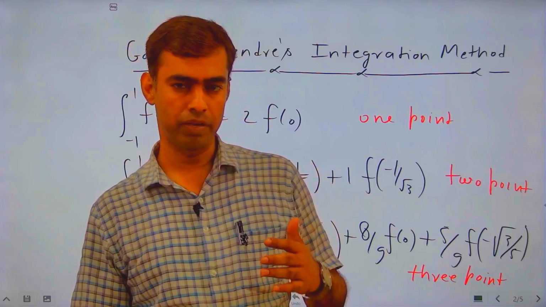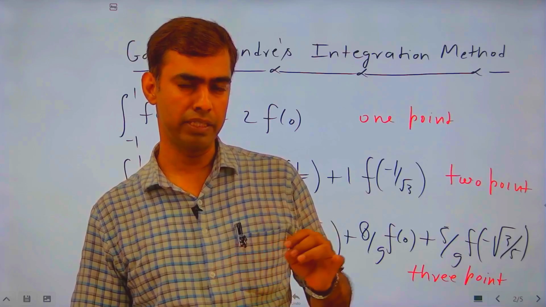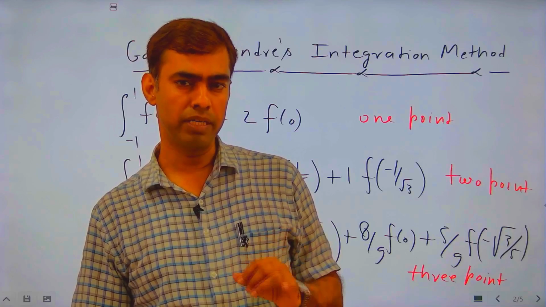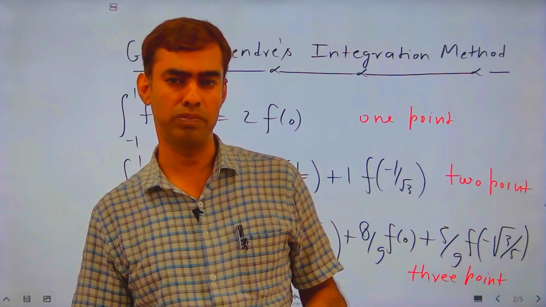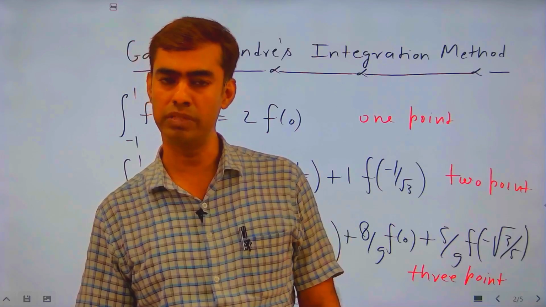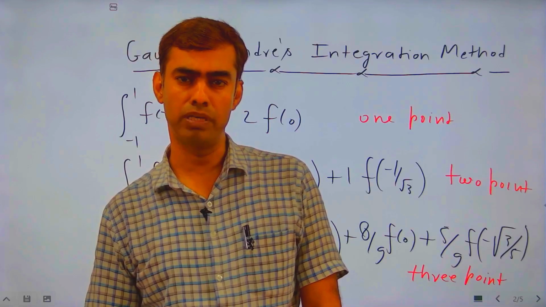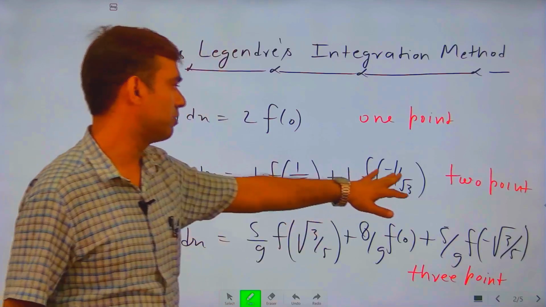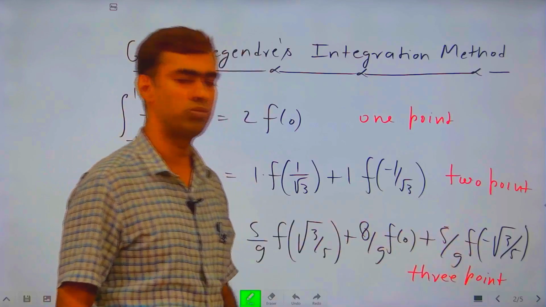Once we convert the general form of integration into a Gaussian form, we apply the Gauss-Legendre 1-point, 2-point or 3-point formula as per the need of the question, and find the values of f of 0, f of 1 by root 3, f of minus 1 by root 3, f of root 3 by 5, f of minus root 3 by 5.